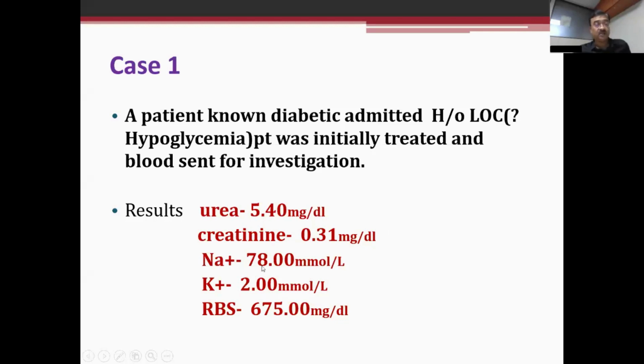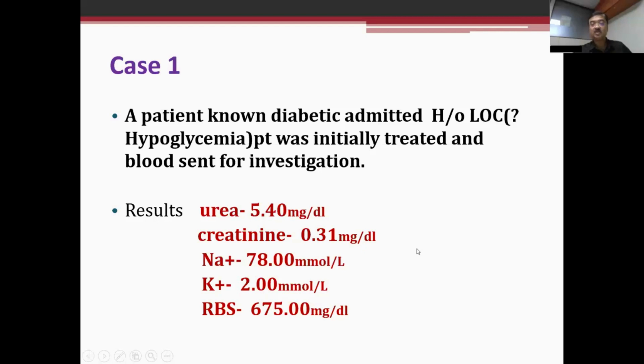A patient with this sodium usually doesn't survive. Potassium 2, and random blood sugar is 675. So the main problem is that the patient is a known diabetic. Yes. So we have given a good amount of 5% dextrose. The question is, are you going to believe that? If not, what is the thing you are suspecting over there?